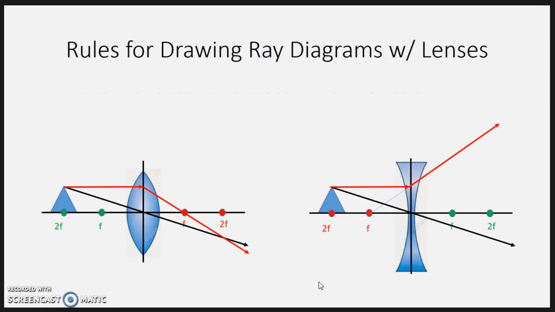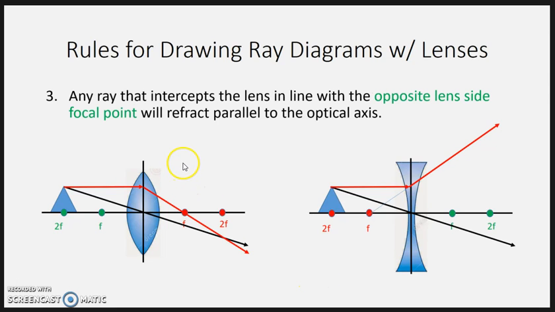Our third rule states that any ray that intercepts the lens in line with the opposite lens side focal point will refract parallel to the optical axis. So this is quick and easy for our converging lens. As before, draw it through the focal point, and then it refracts off in that direction.